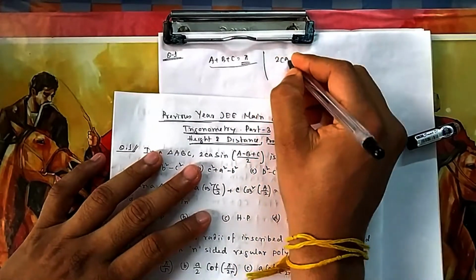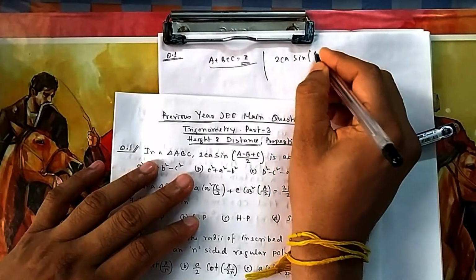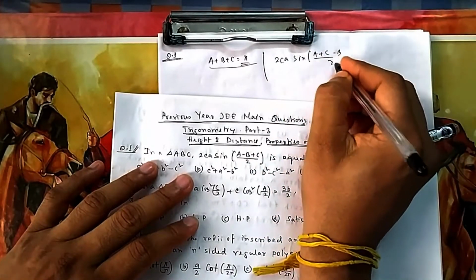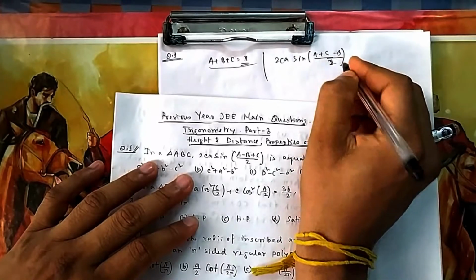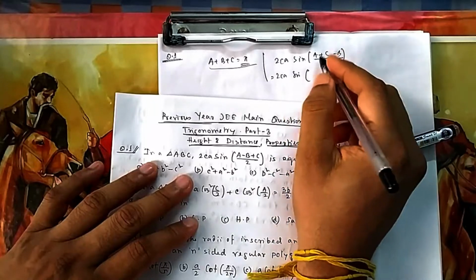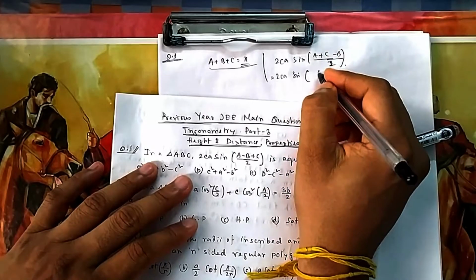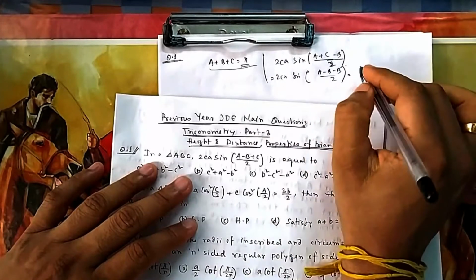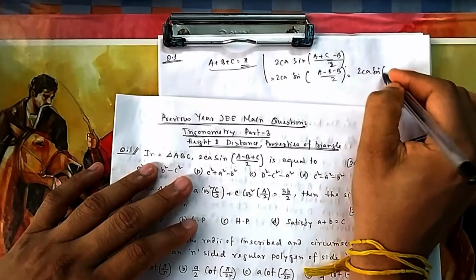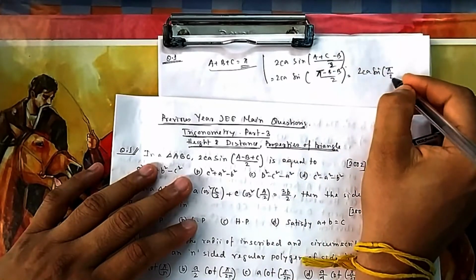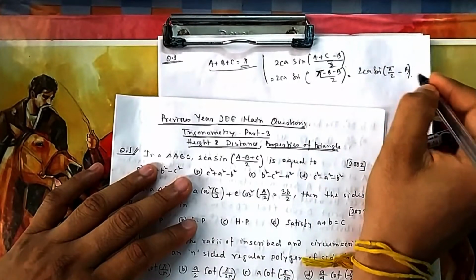So now 2CA sin, you can write it as (A + C)/2 − B/2. In place of A + C we can put pi − B, so (pi − B)/2. So it will be 2CA sin(pi/2 − B).